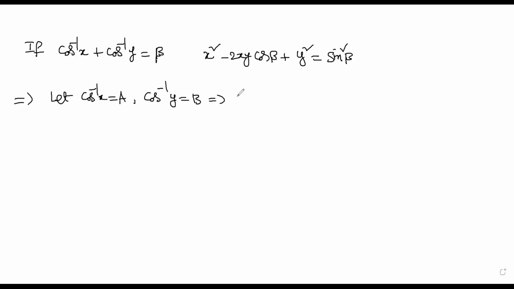So cos a becomes x and cos b is equal to y. Now the equation falls down like this: a plus b is beta.